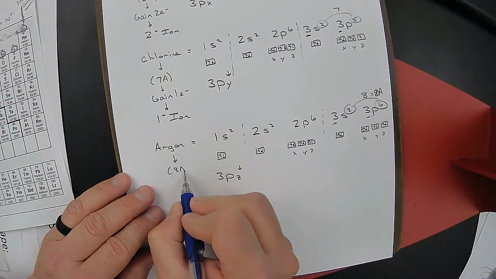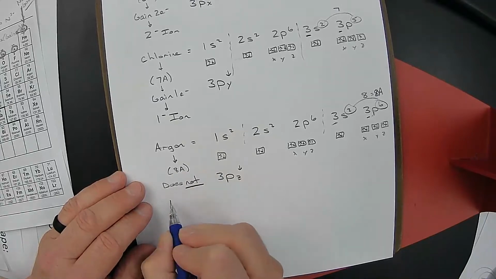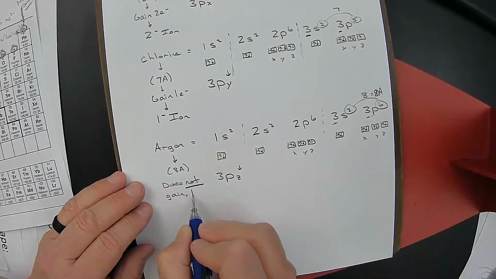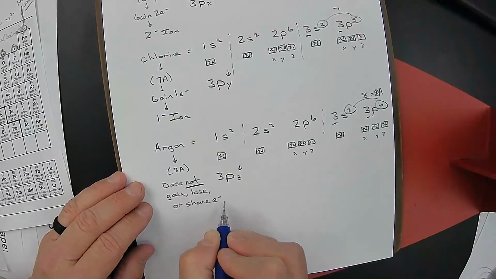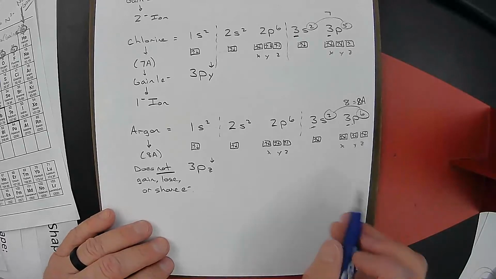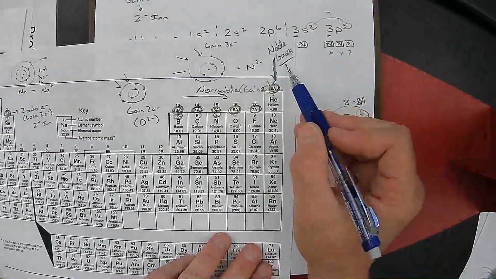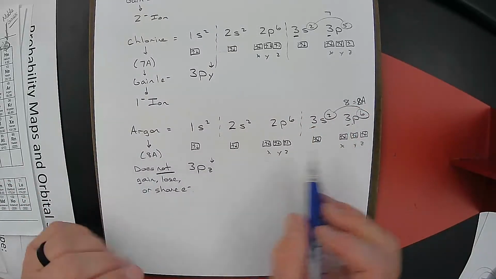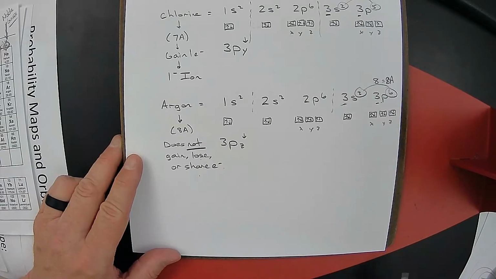It does not gain, lose, or share electrons because it is completely full. That's why we call this column the noble gases. They do not want to interact with other atoms by gaining, losing, or sharing outer electrons.